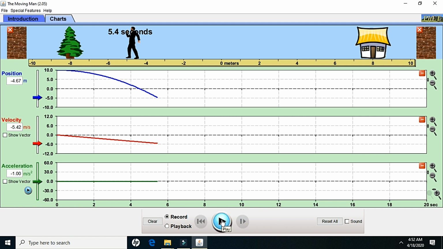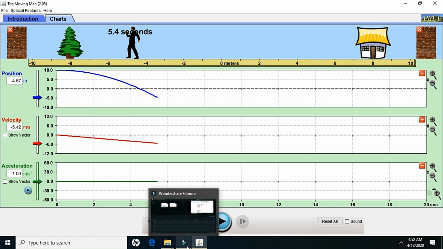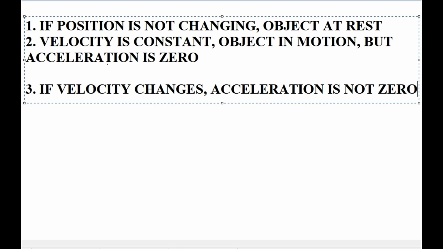So now I hope that all these are clear. Basically we can point out some points. Our first point is, if position is not changing, then the object will be at rest. If the object is at rest, velocity is 0, acceleration is also 0. Second point, if velocity is constant, then the object is in motion.